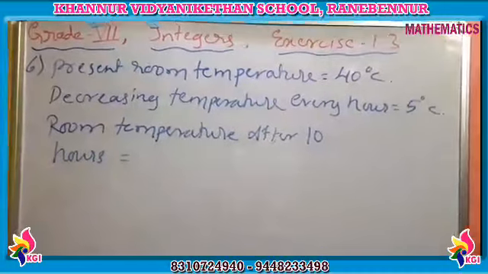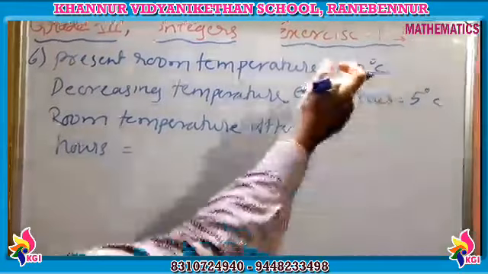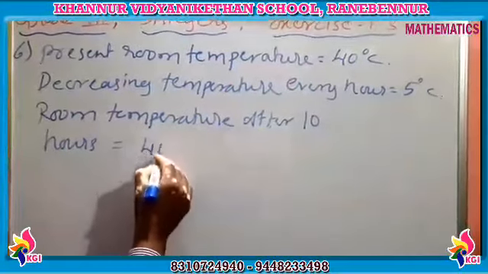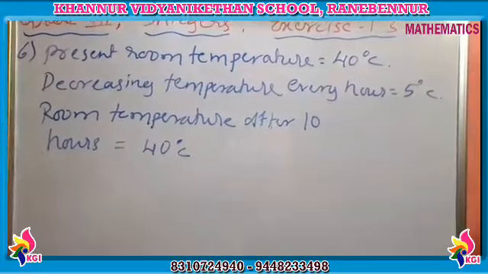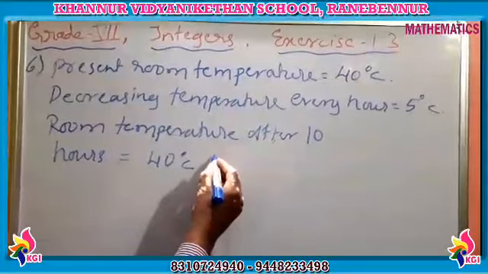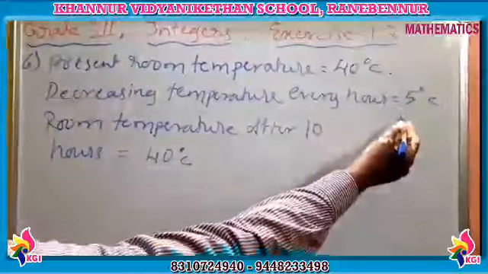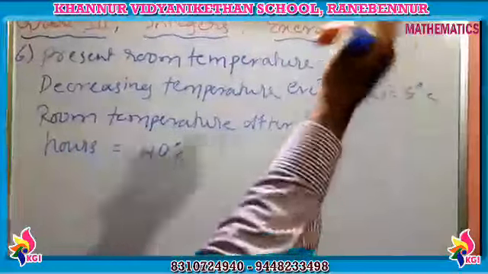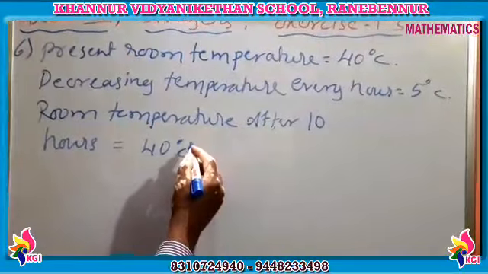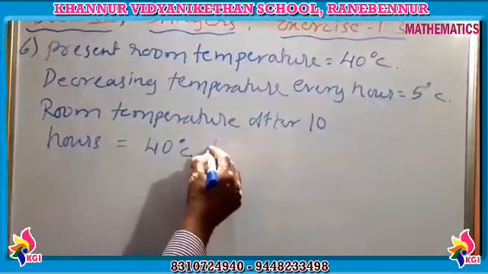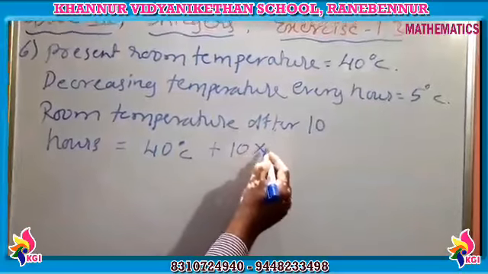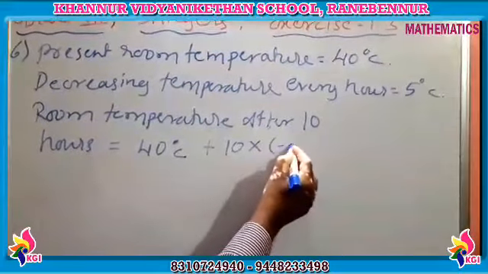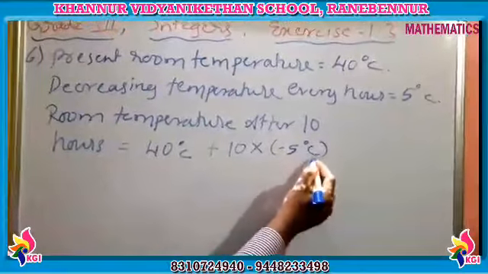So the room temperature after 10 hours means the initial temperature, which you have to write, was 40. Afterwards it is decreasing by 5 degrees Celsius, correct? So this can be taken as a minus if it is decreasing. So what we have to write is 40 degrees Celsius plus 10 hours into minus 5 degrees Celsius.